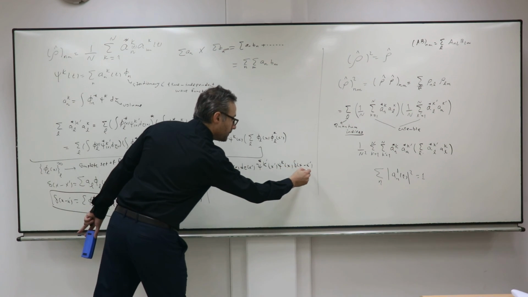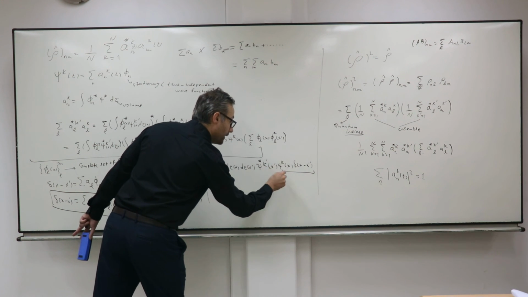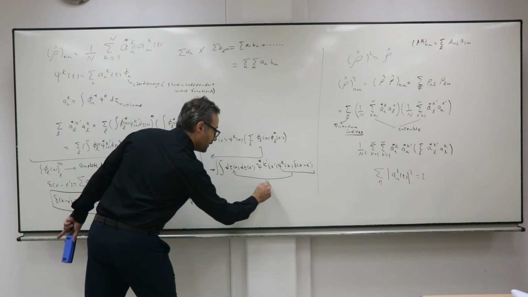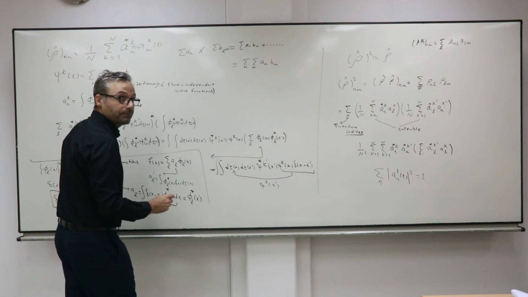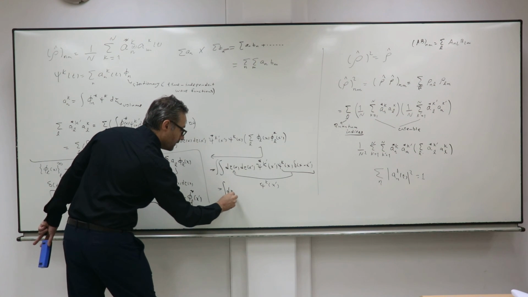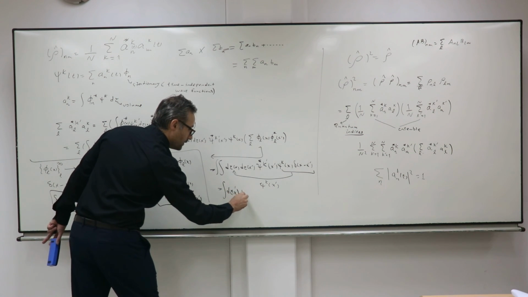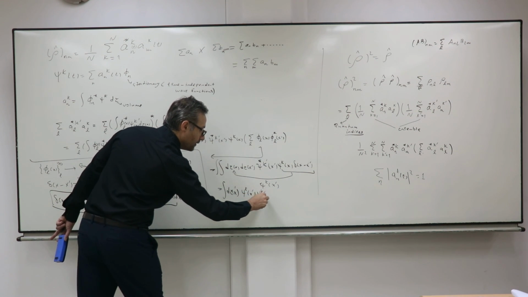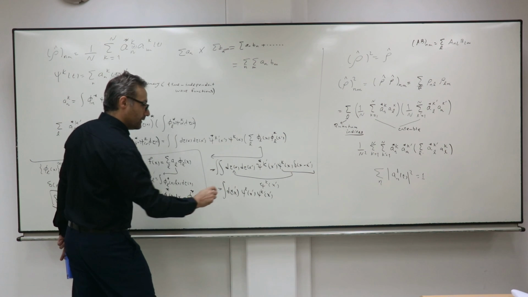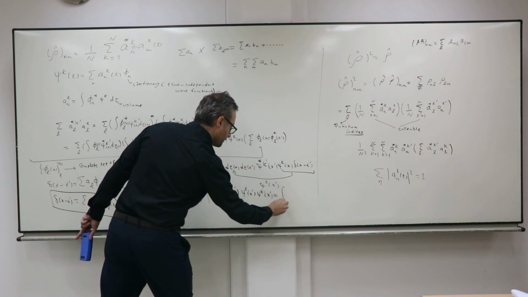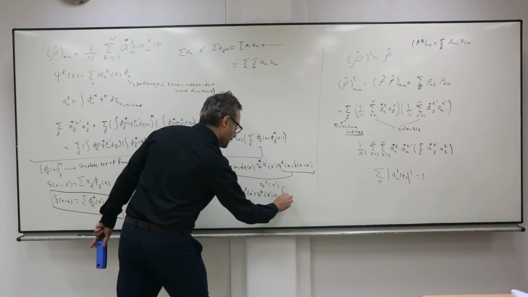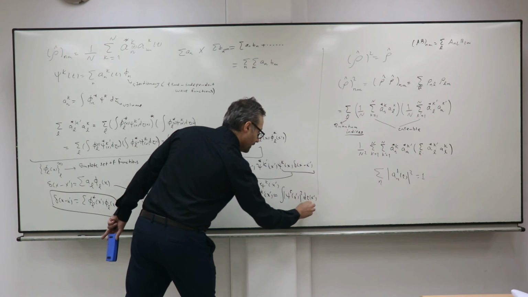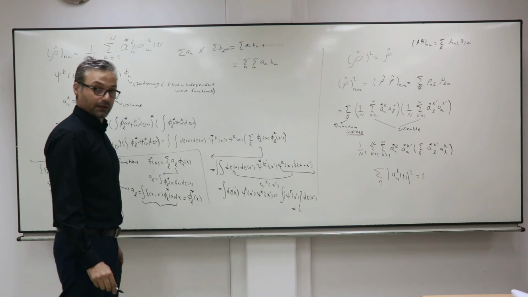So the integral over x altogether gives you psi_k(x prime), with d tau x prime. Let me finish that, and after that I want to tell you something. What is that? The integral of |psi_k(x prime)|² d tau x prime, and we're talking about normalized functions.